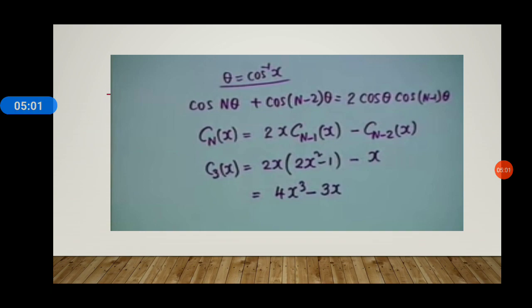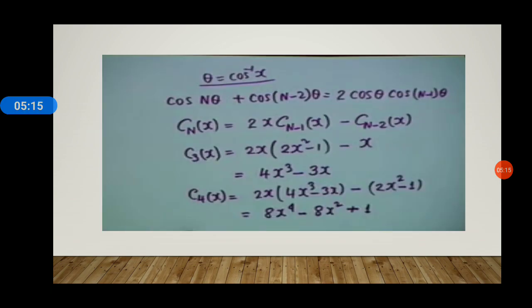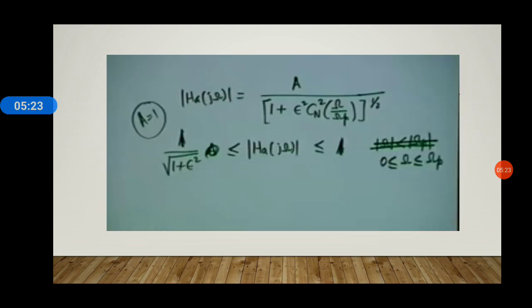We know the value of C1(x) is x and C2(x) already we have found out as 2x square minus 1. So from this in general formula again we find out C3(x), which matches the previous finding. Now C4(x) is also found out, as we know now C3(x), we can also find out C4(x) by the general formula.